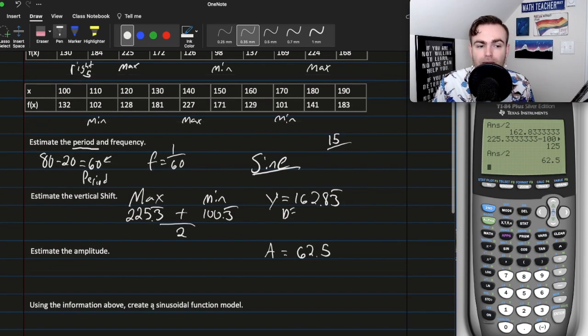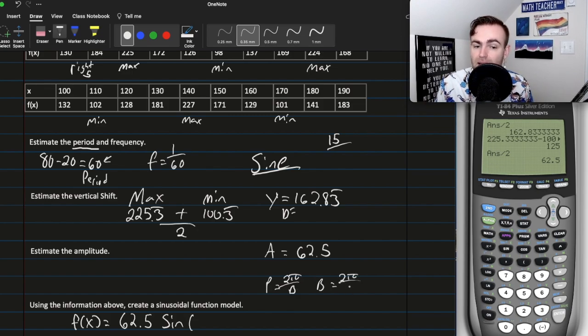So for our sinusoidal function, we're going to have f of x is equal to, amplitude was 62.5. Then we're going to do sine of, and we don't know what the b is, right? But we do know that period is equal to 2 pi divided by b. So if I solve that, I would get b is equal to 2 pi divided by the period. What is 2 pi divided by the period?